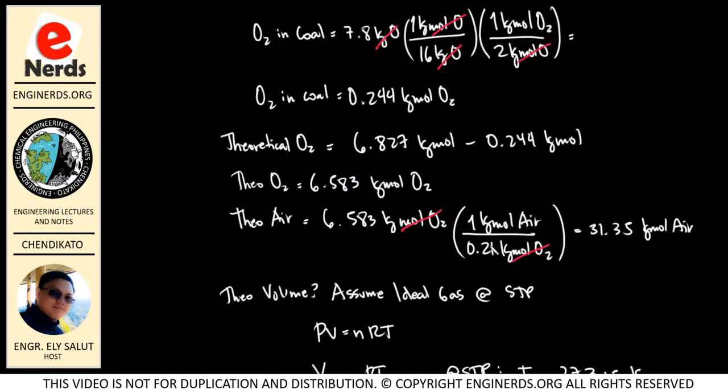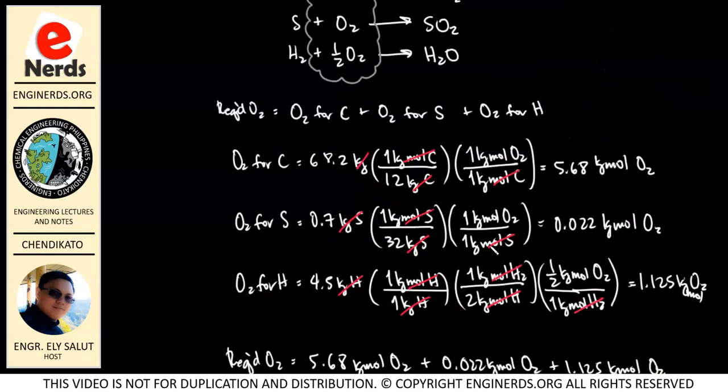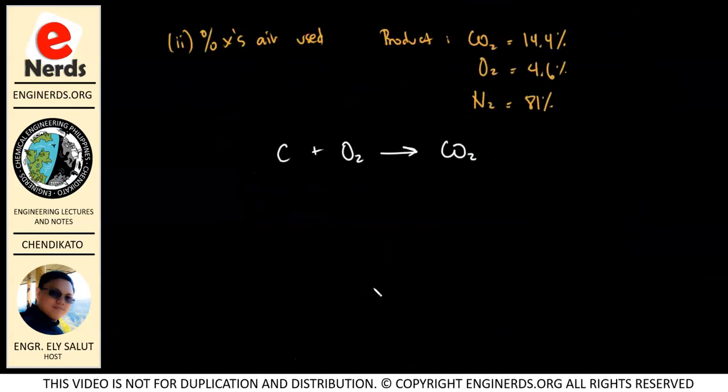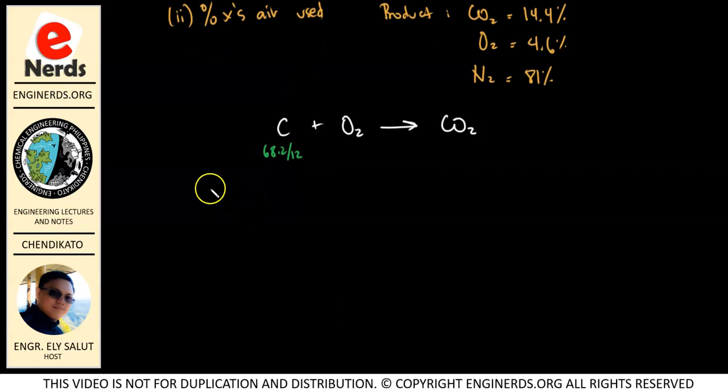Ito na yun sinolve natin kanina. Our carbon is actually this one, 68.2 divided by 12. Okay, so pwede nating makuha kung gaano karaming carbon meron tayo. So para hindi kayo malito, let me write that here.